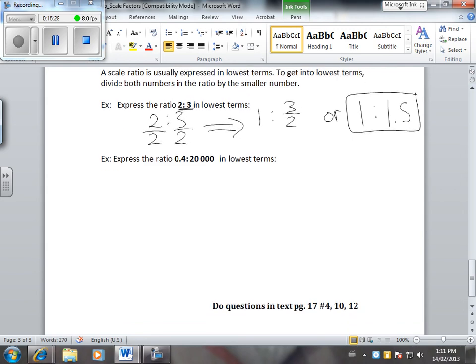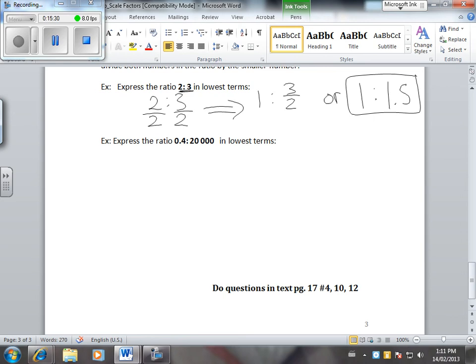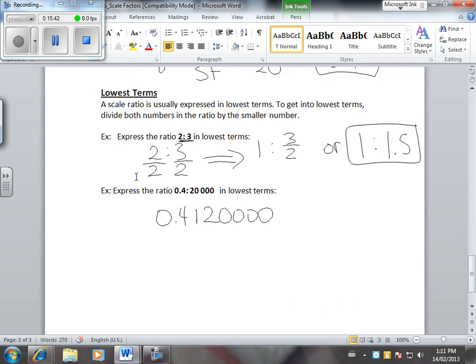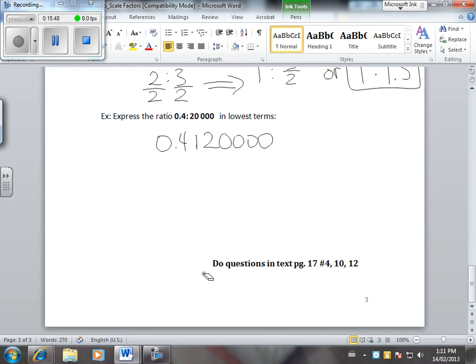Let's try this. Express the ratio 0.4 to 20,000 in lowest terms. So, just like we did before, we are going to divide both numbers by the smallest number. Okay, and this is a ratio sign. Sometimes my pen drags it along.